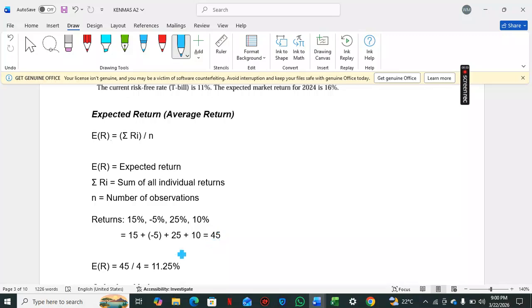So 45 divided by 4 is 11.25%. That is the average return if you invest in Zambezi Farms Limited. On average, expect a return of 11.25%. Are we okay with this, colleagues?